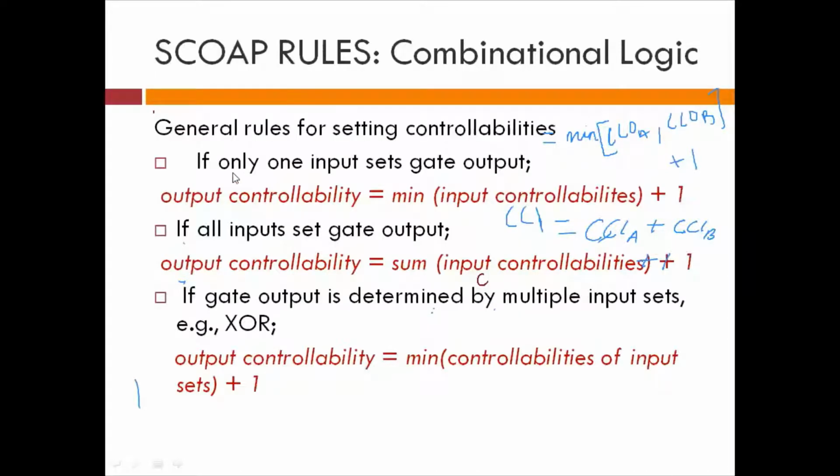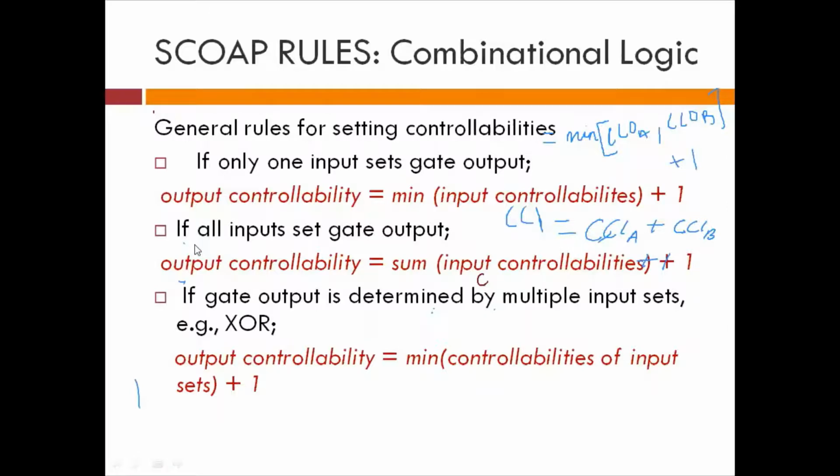So if only one input sets the gate, मतलब अगर सिर्फ एक इनपुट कंट्रोल कर रही है आपके गेट के आउटपुट को, तो आपकी आउटपुट कंट्रोलेबिलिटी 0 और 1 depends, that is equal to minimum of all the input controllabilities. सो जितनी भी इनपुट्स है सभी उनकी कंट्रोलेबिलिटीज का मिनिमम ले रहे हो आप, जो हमने यहाँ पे ली है. Because यहाँ पे मेरी कंट्रोलिंग इनपुट क्या है, AND gate है, तो कंट्रोलिंग इनपुट 0 है. So किसी भी input पे 0 है, तो I will take the minimum plus 1 for the increase in the level.